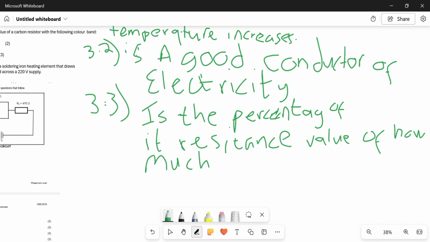Okay, let me not say how much, let me say how accurate, I explained it based on how accurate. Sorry about the slowness, it's my network guys.